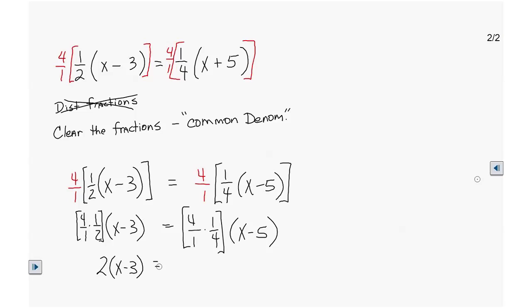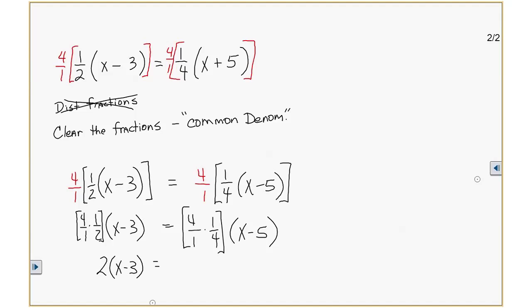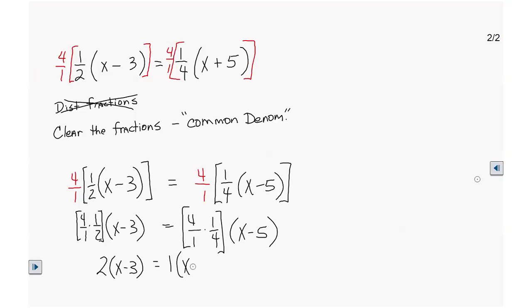And what's 4/4? And now you've got the problem that we first started off with, without any fractions. Finish it.